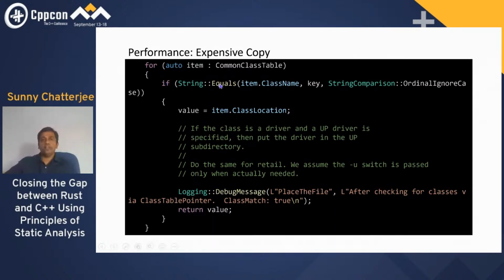If you inspect the body of the loop, you would find that the only thing you are doing here is accessing some elements from item, manipulating that data and returning the value. There is no mutation happening here on the item. So this is an expensive copy, which would result in less performant code. So static analysis would come in here and say, hey, you really ought to mark this item as a const auto ref.